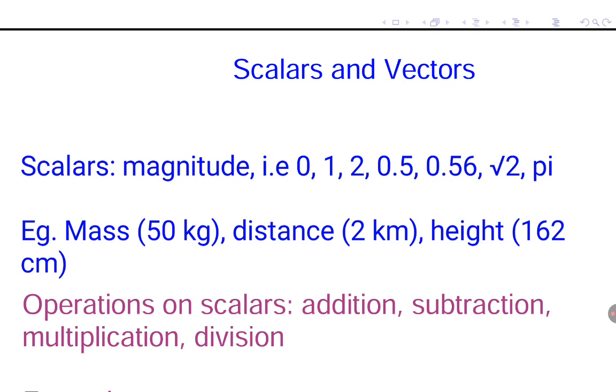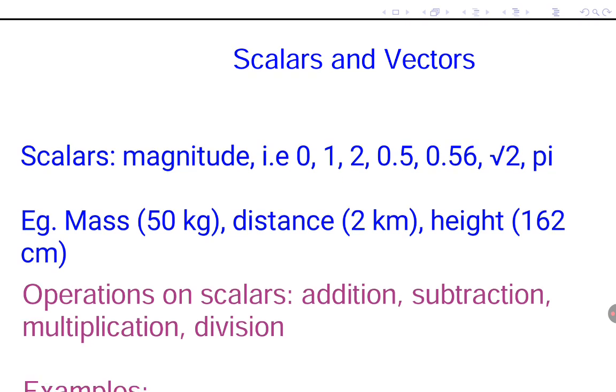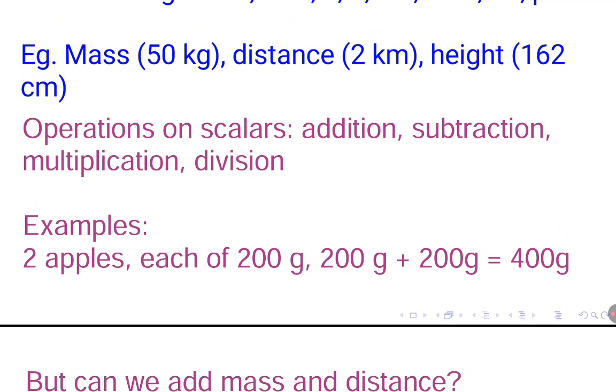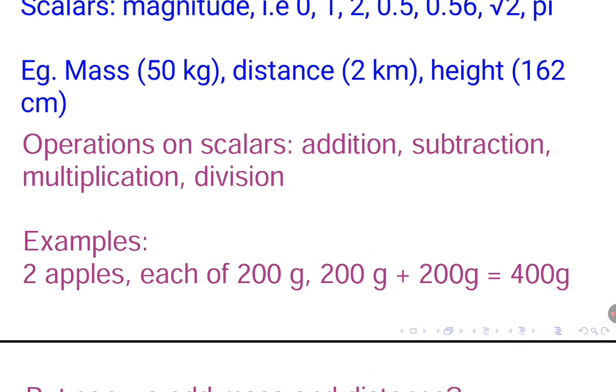Alright. Of course, when you do addition and subtraction, let us first talk about the example. Let us say you have two apples. Each weighs 200 gram. Then you can add these two quantities for the masses of the two apples. So 200 gram plus 200 gram can be added together and you can get 400 gram as the total mass of both the apples.